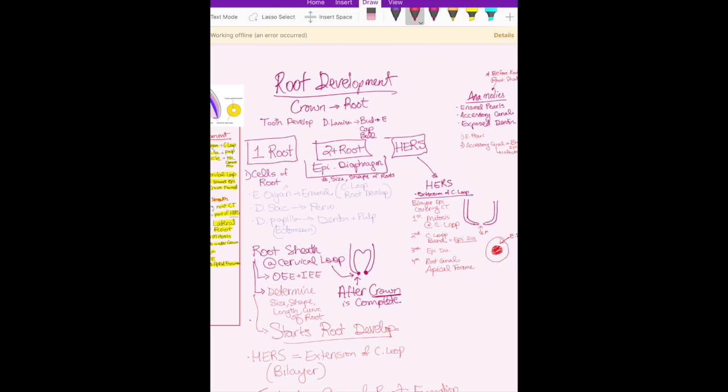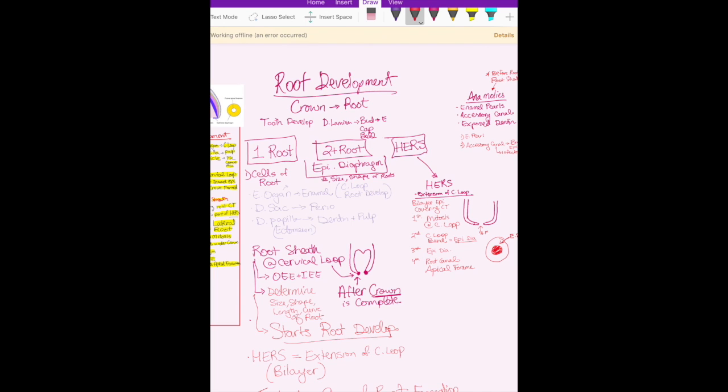Then we have a few inductive steps, forming first the dentin. Your ectomesenchyme from your papilla, as well as the inner enamel epithelial cells of HERS, start secreting odontoblasts, which secrete dentin. Then you have amelogenin, which is your enamel protein, with cementum forming the outer covering of the dentinal tubule, which starts cementum.